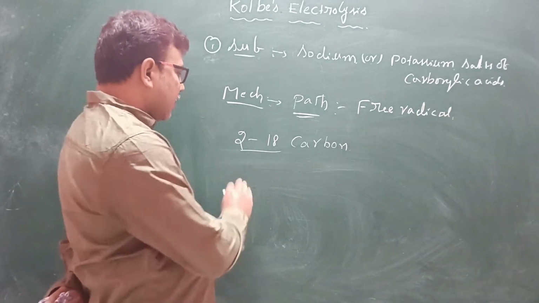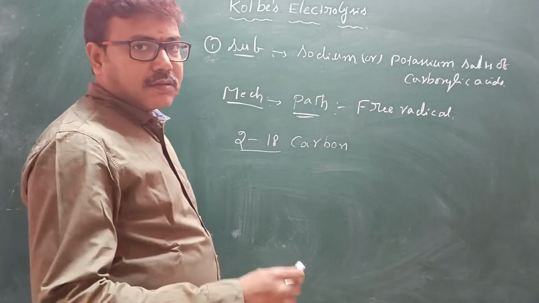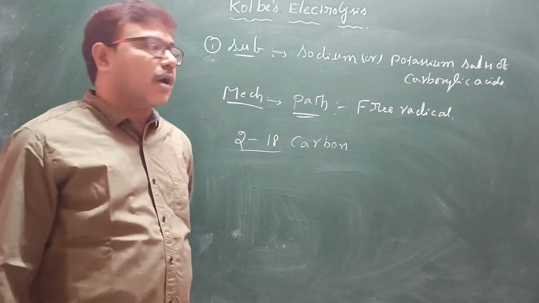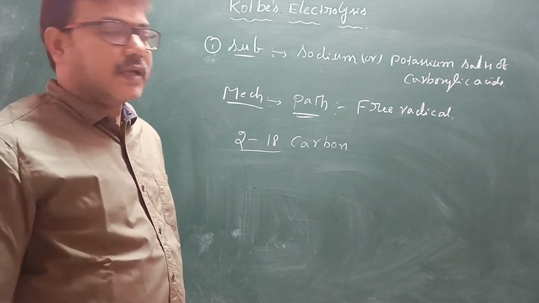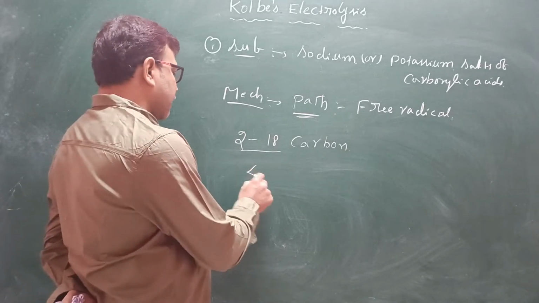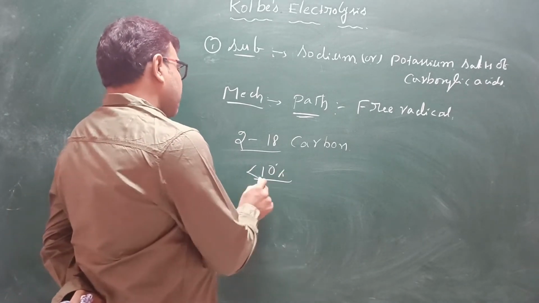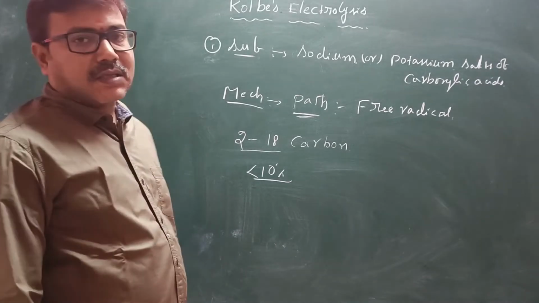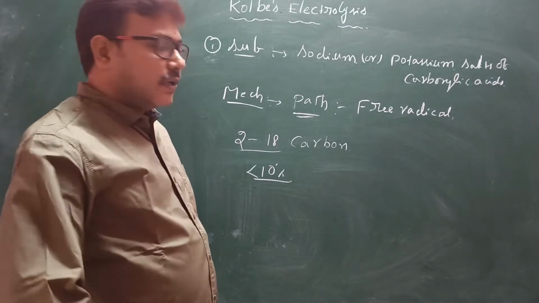When the branching increases at the alpha carbon, the percentage yield is less than 10%. It means the steric crowding increases, so the percentage of product decreases.